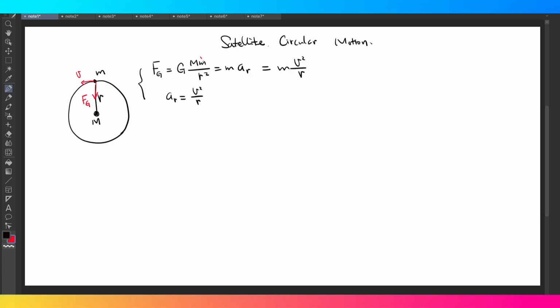Now the m's cancel out, and then one of the r's also cancels out. So we have v equals square root of G M over r. Okay, so that's the satellite speed.